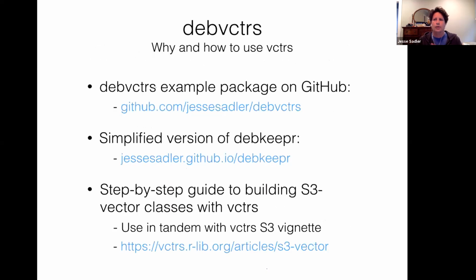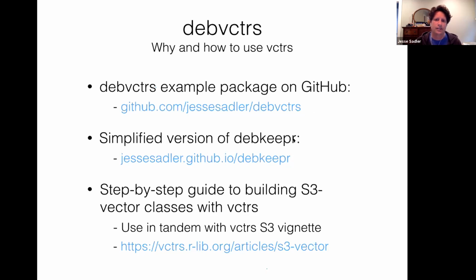Okay, so what I'm going to do for the rest of the talk now is talk about a package that I've created. I talked about this at the last RStudio conference, but I'm doing it in a little bit of a different way here. That is a package called the debvctrs package, which you can see the URL for here on GitHub. It is basically a tutorial package for creating S3 classes through the vctrs package.